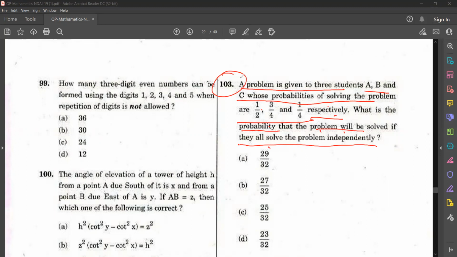Okay, so we have to find the probability that the problem will be solved. Just try, all of you.